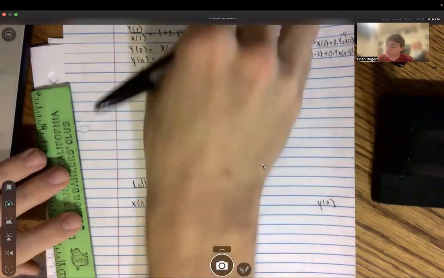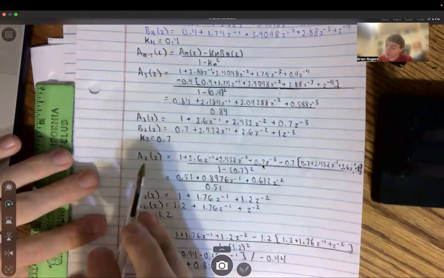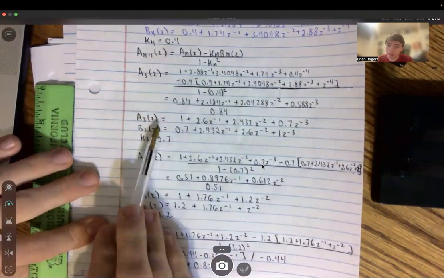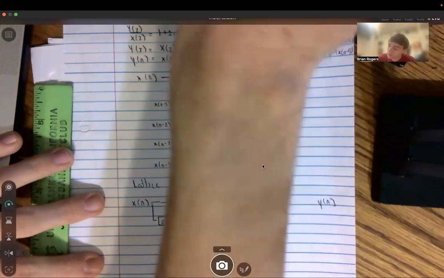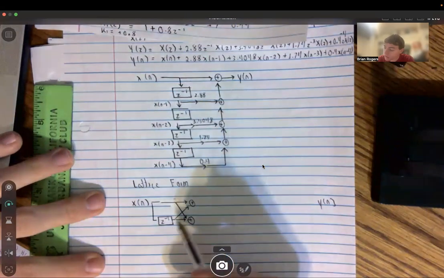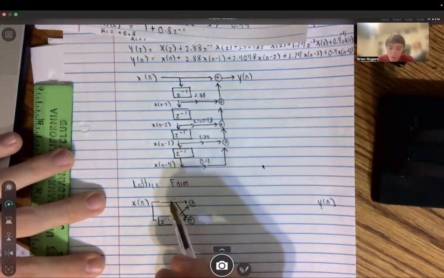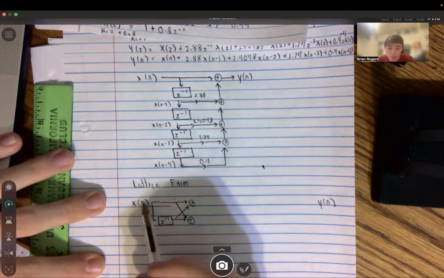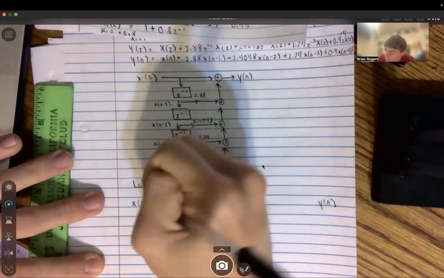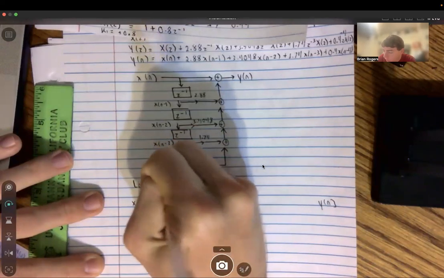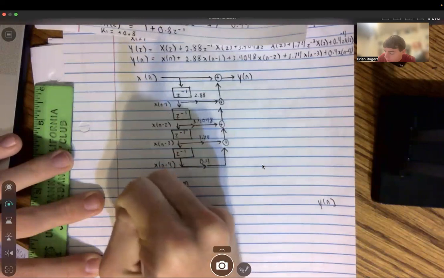when we were doing all this math, we determined that we had K4, K3, K2, and K1. And what those are going to help us determine is that when we do our lattice form, we have a reflection. So we have the input x of n, and it's given to other titles. Up here it's f0 of n and g0 of n.